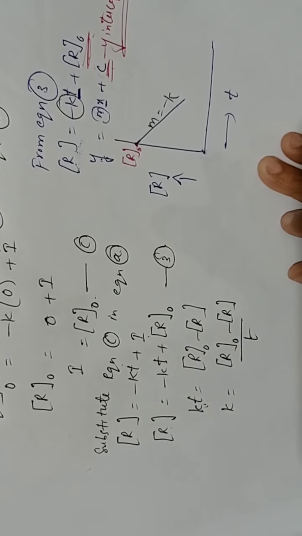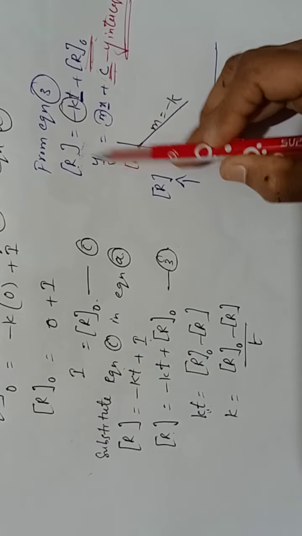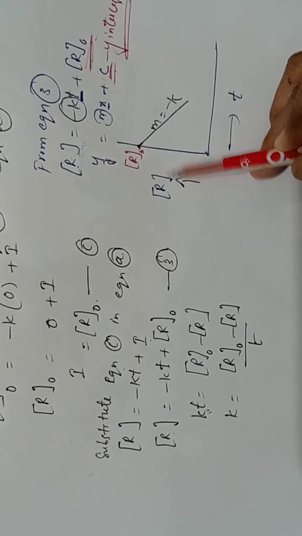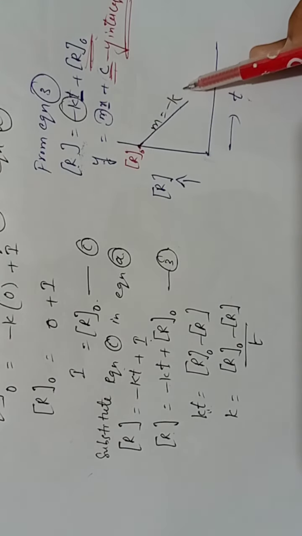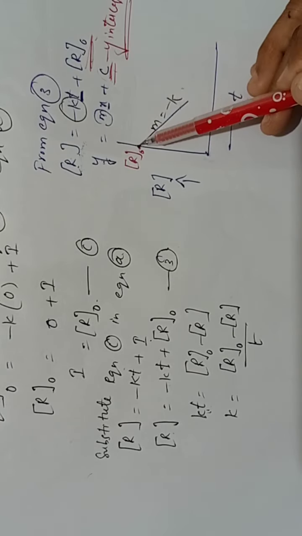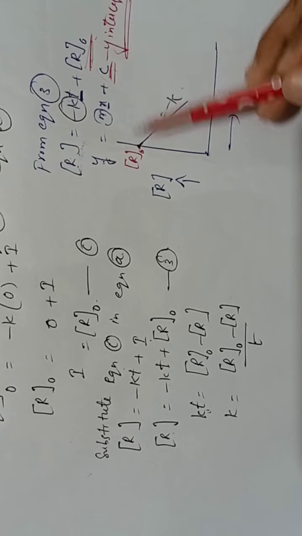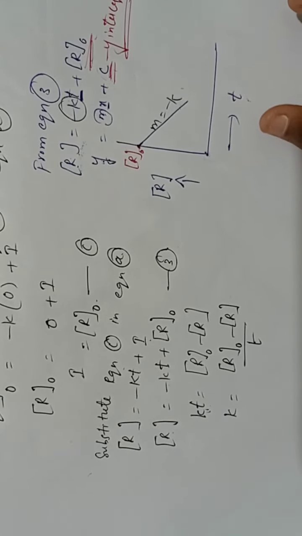So this is in the form of Y is equal to mx plus C. Along the y-axis is the concentration of the reactant, along the x-axis is time, the slope is M equal to minus K, and the y-intercept is R naught. So this is the graph.